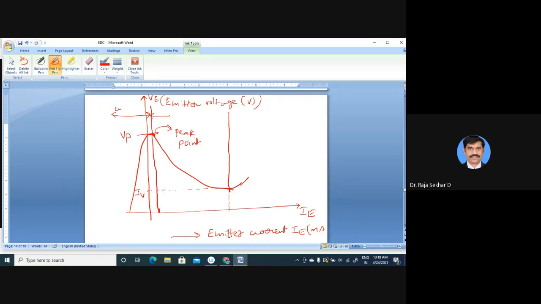And this is called cutoff region. This is IE naught, for the first case. This is the peak voltage or peak point VP, the current is IP.